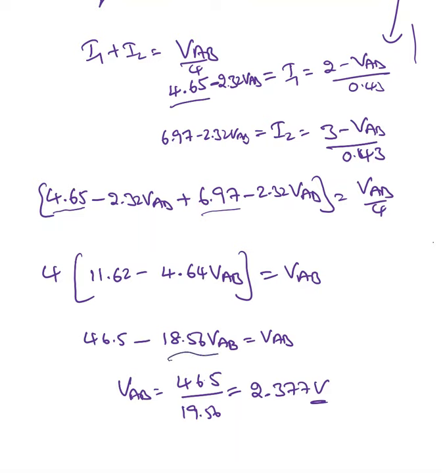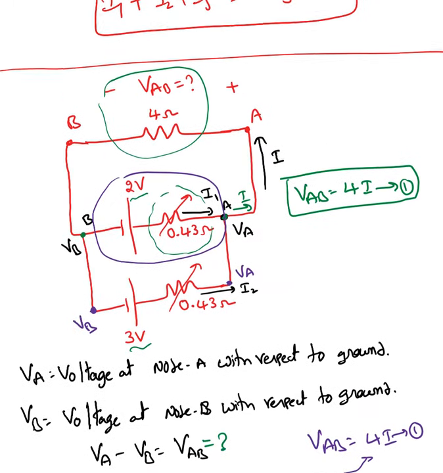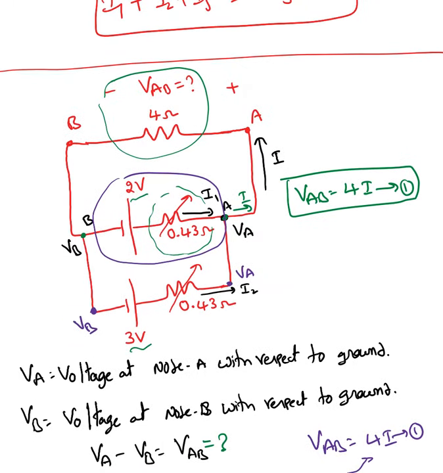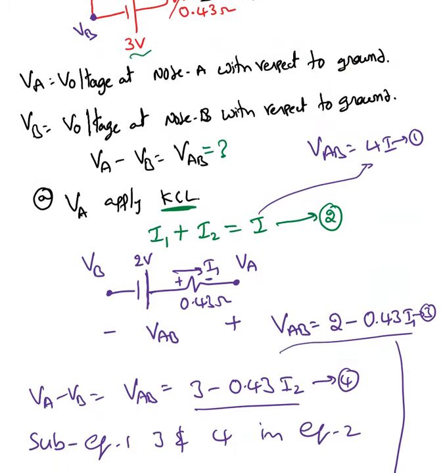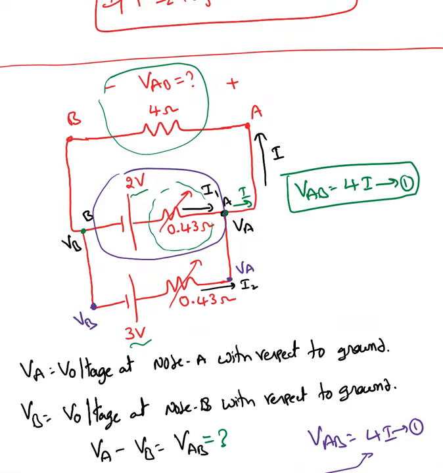Now if I bring 18.56 to the other side, plus 1, that is 19.56, so VAB equals 46.5 divided by 19.56. The voltage across the AB terminals equals 2.377 volts.